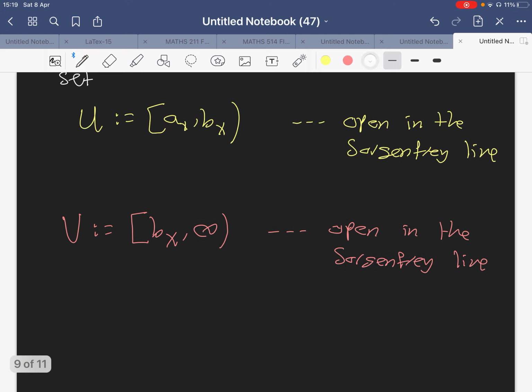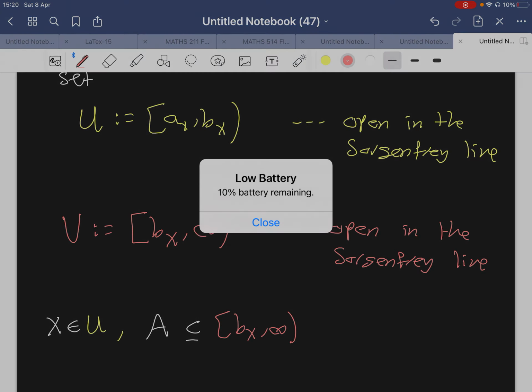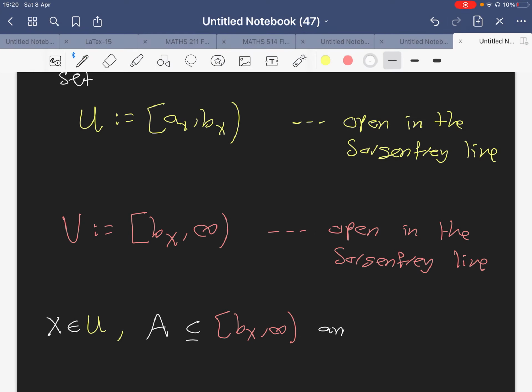And now, of course, X belongs to U, A as a whole would be a subset of [b_X, infinity), and U intersection V will definitely be the empty set. That means the Sorgenfrey line is a regular space. And that's what we have here in example number 4.